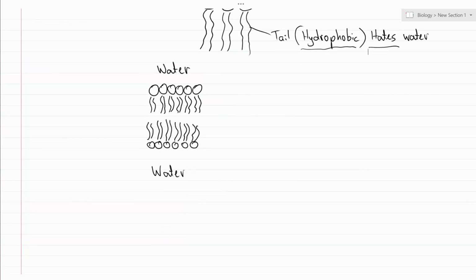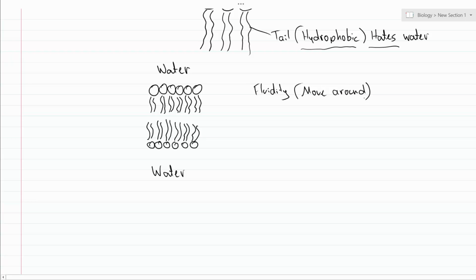We also say that cell membranes have fluidity to them. What that basically means is they can move around. Things within the cell membrane and the phospholipids themselves can actually move around a little bit. And this will decrease when things get colder.